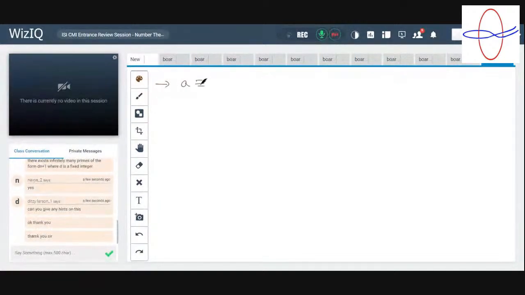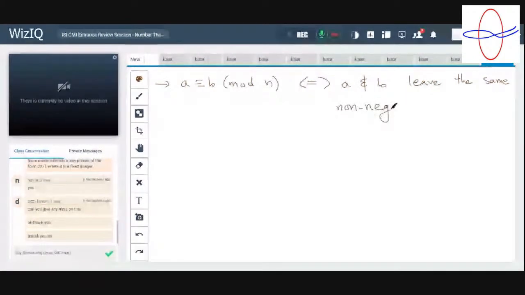a is congruent to b mod n is equivalent to saying a and b leave the same non-negative remainder when divided by n.